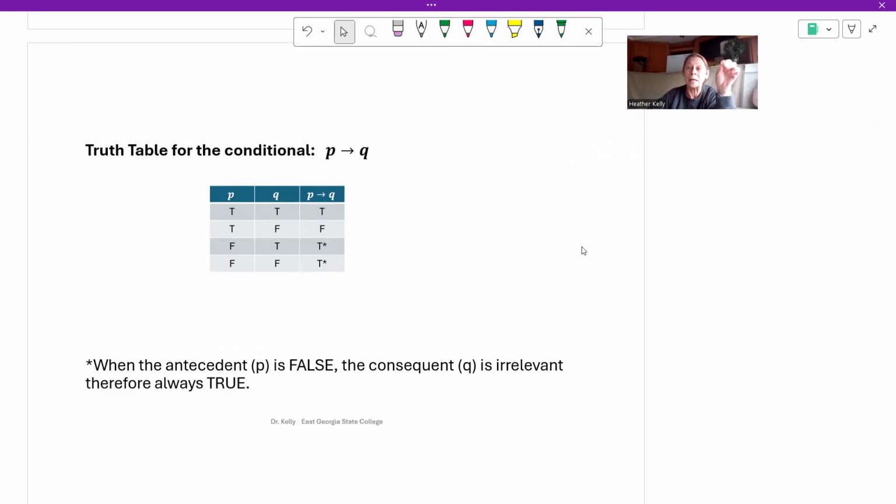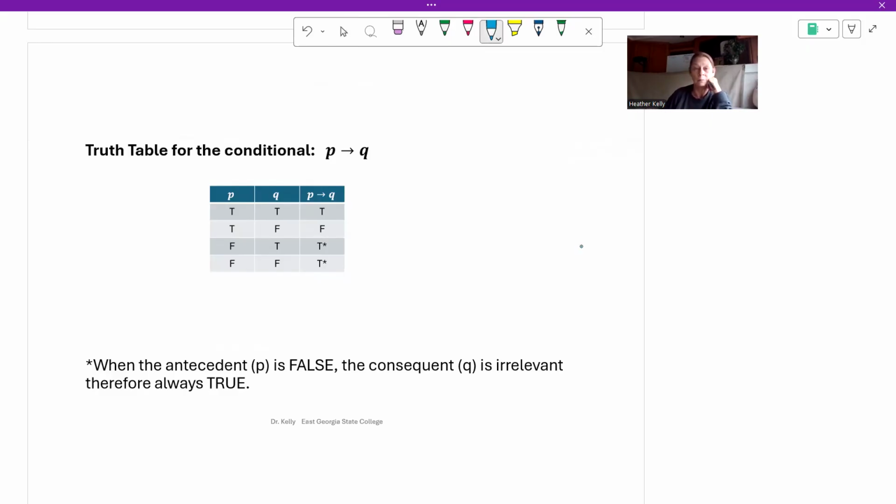When the if P is false, then it doesn't matter what the Q is, so they just call it always true. So the only thing that is truly false for a conditional is when P is true and Q is false. Other than that, it does not ever matter when P is false. It's always true anytime P is false.